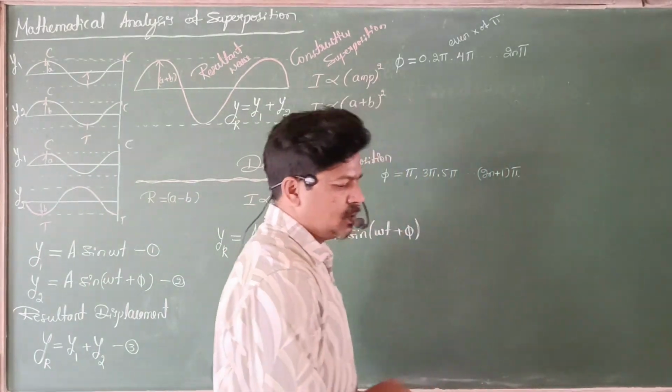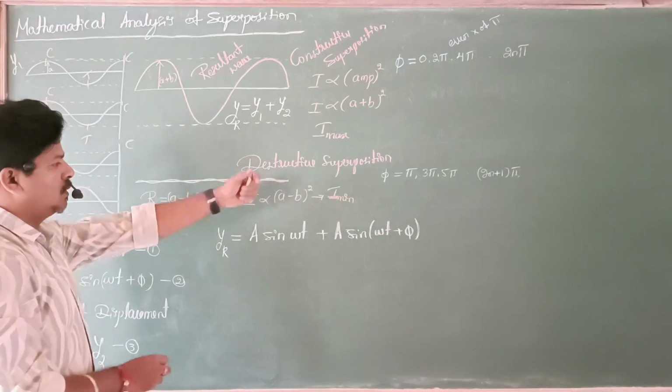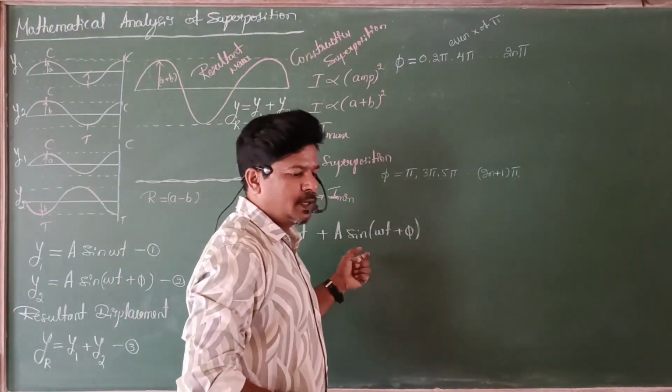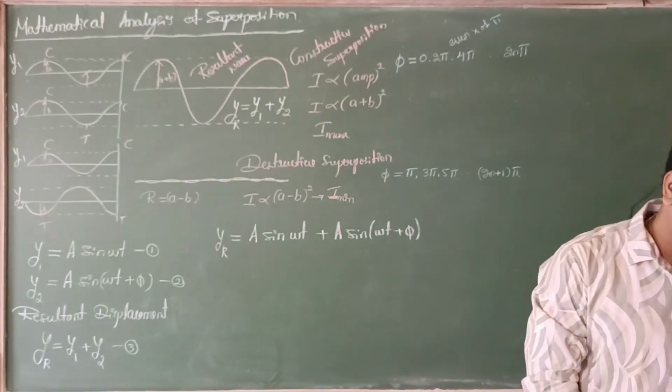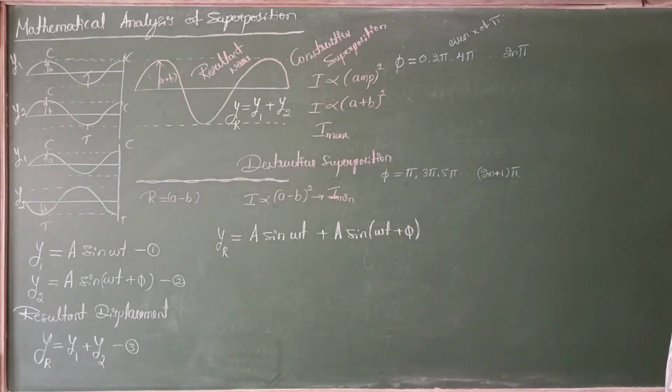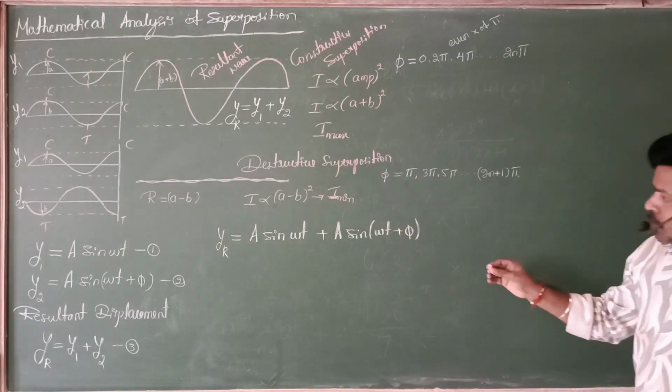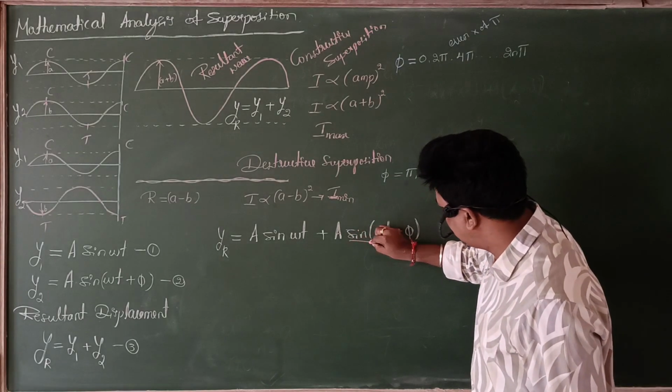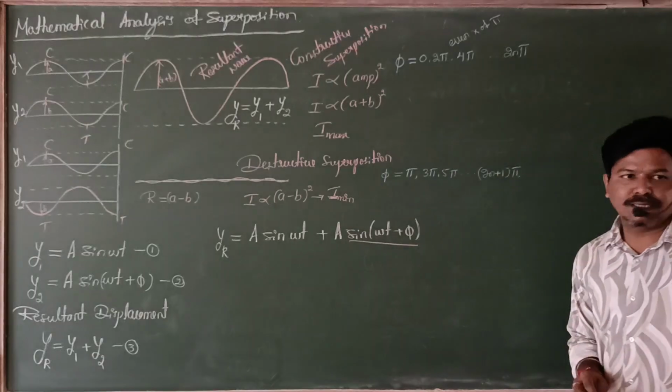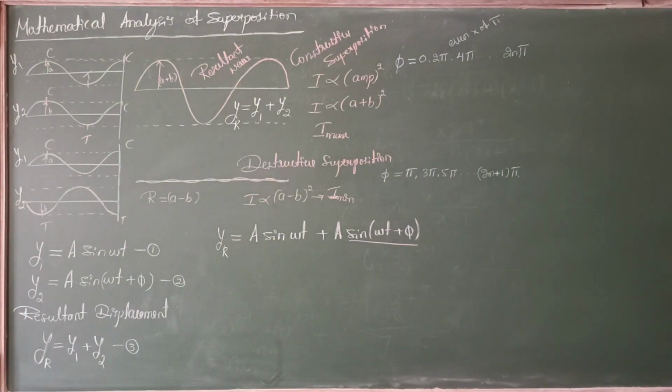So this is in the form of sin. So what common factor do you take out? a. Take these portions: sin (omega t plus pi), it is in the form of sin (A plus B).